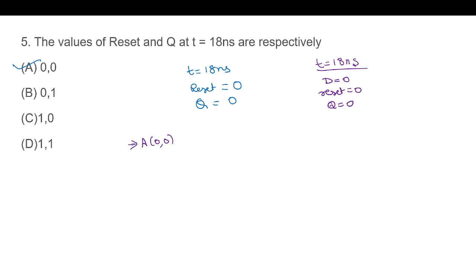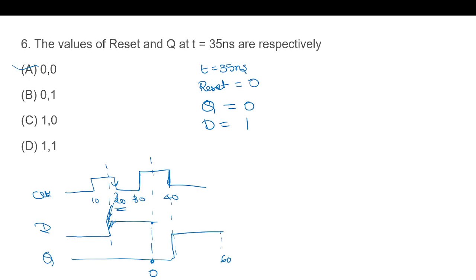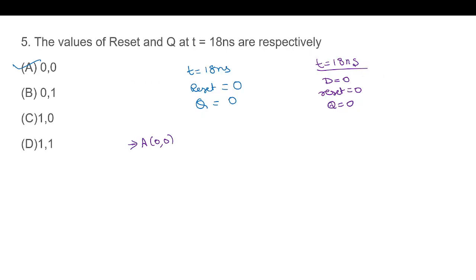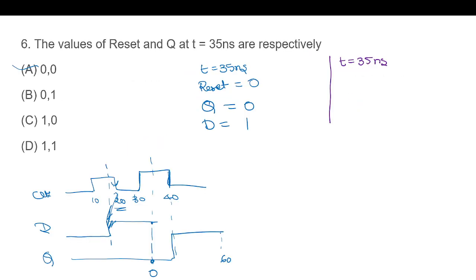Okay, ma'am. So the second question, we have to see at t equal to 35 nanoseconds. At 31 only, D is 1.